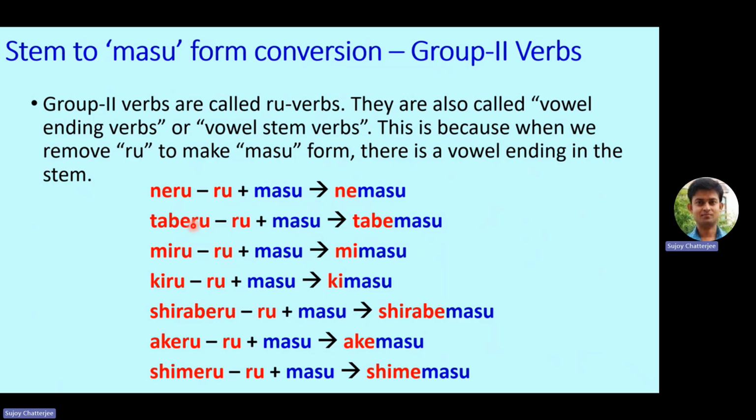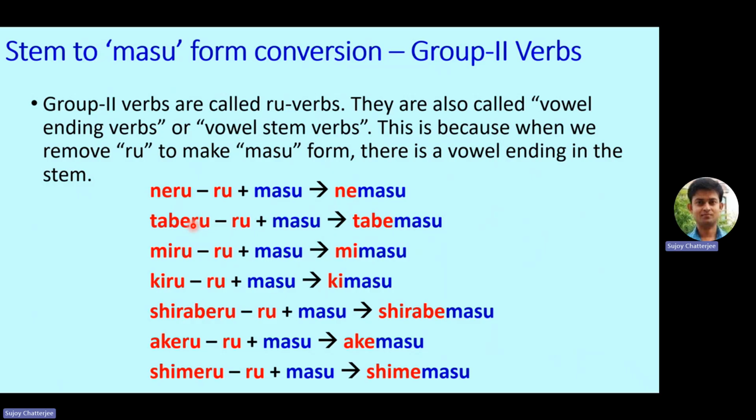So neru becomes nemas, taberu becomes tabemas, miru becomes mimas, kiru becomes kimas, shiraberu becomes shirabemas, akeru becomes akemas, and shimeru becomes shimemas. We will look into the meaning of each of these in a later slide.